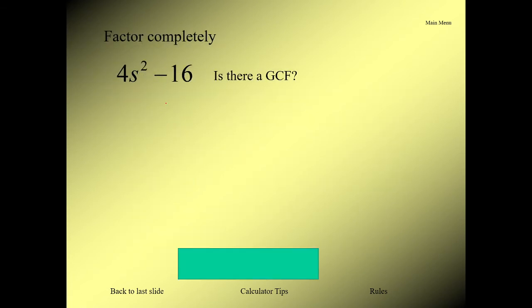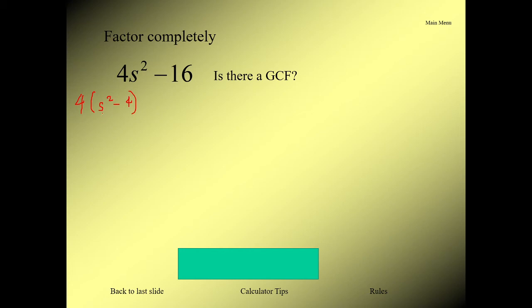4s squared minus 16. There is obviously a GCF here. Sorry, it's only 4, because 16 has no s. Then we have s squared minus 4, right?